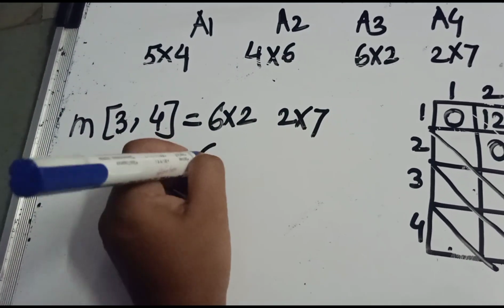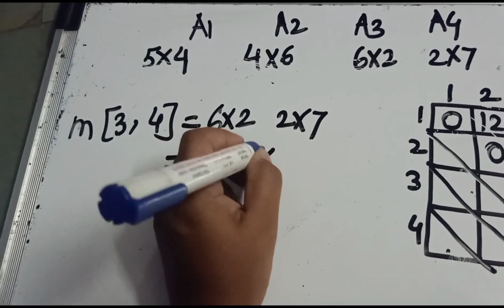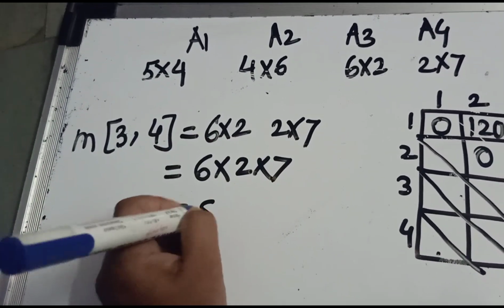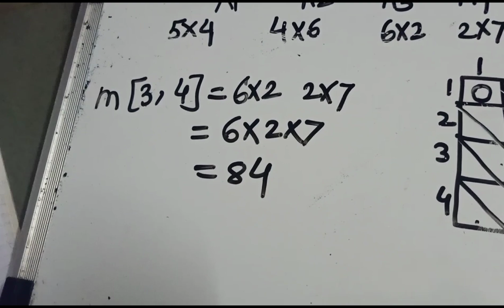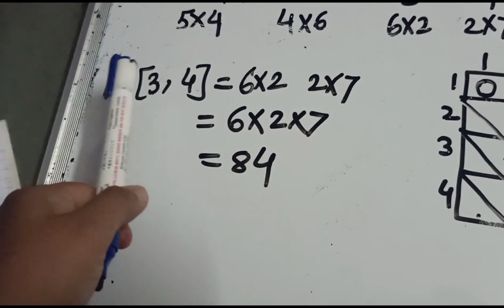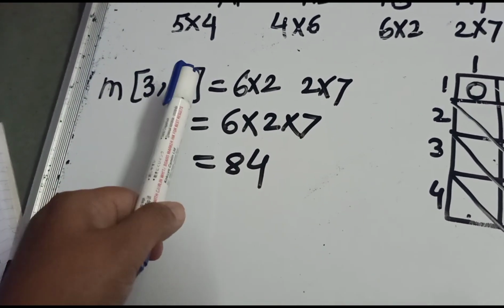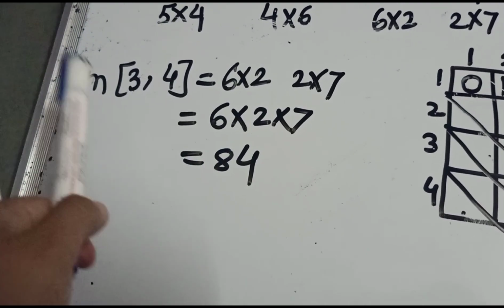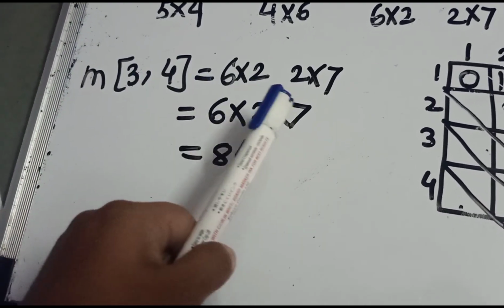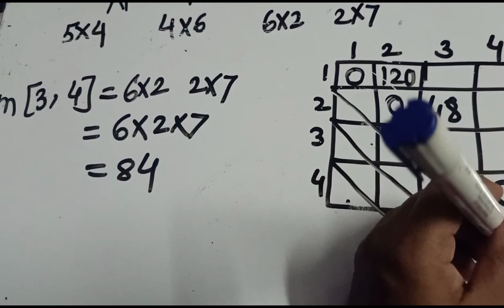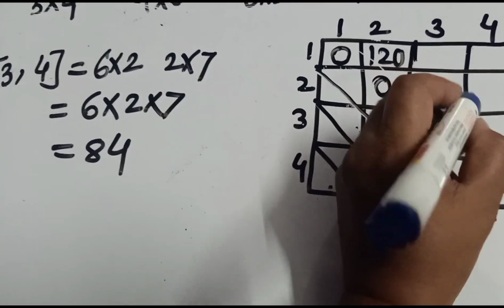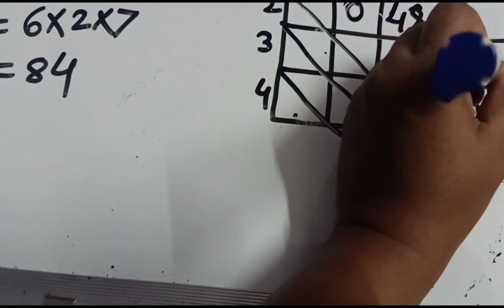Again 2 is common, so 6 by 2 by 7. The answer is 84. So the number of multiplications required for multiplying A3 with A4 is 84, and the size of the resultant matrix is 6 by 7. So I will update my dynamic programming table with the value 84 here.